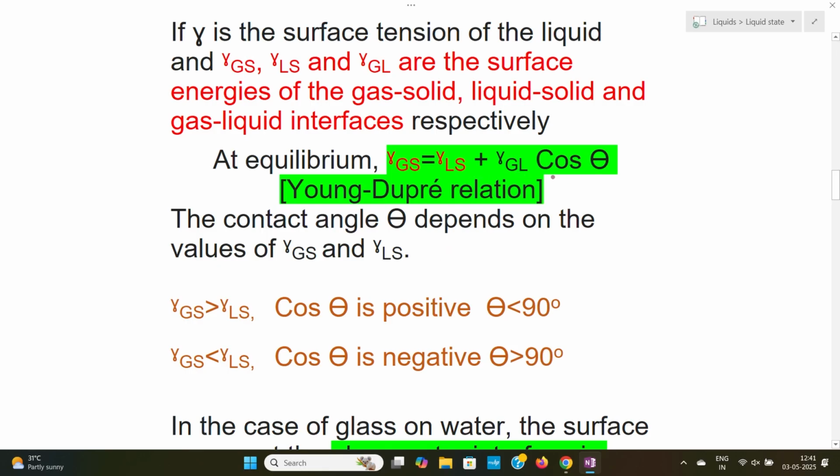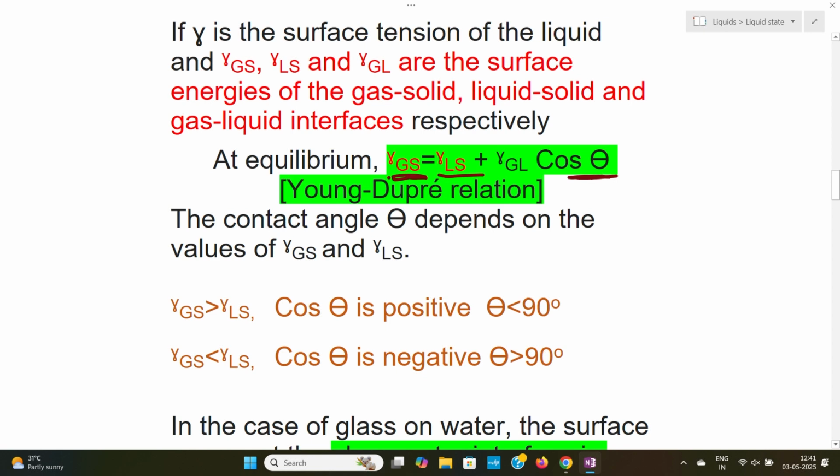The value of theta depends upon the values of the surface energies of the gas-solid interface and the liquid-solid interface, that is, on gamma Gs and gamma Ls.